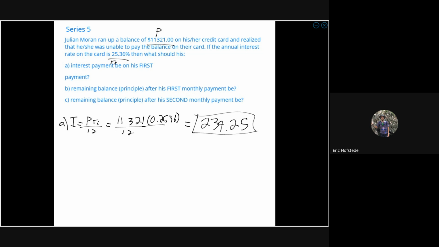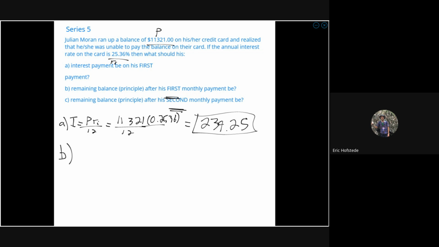Parts B and C is where things might get a little bit trickier because we are looking at 2 different monthly periods. Part B is actually going to be exactly the same as our regular balance owing after our payment.